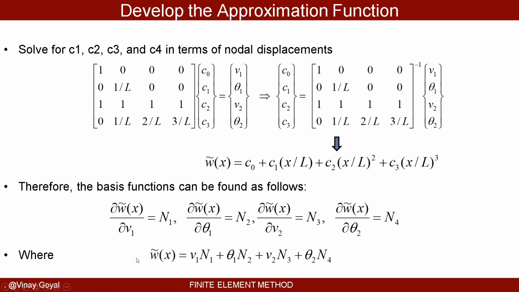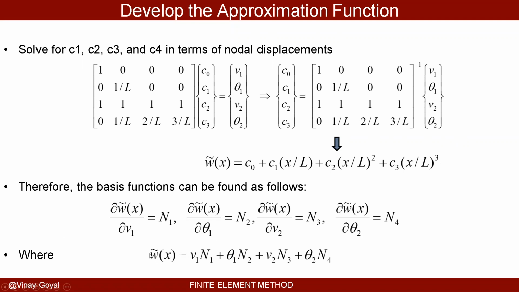And the idea here is I get W tilde as a function of x is V1 N1 plus theta 1 N2 plus V2 N3 plus theta 2 N4. I can get N1, N2, N3, N4 by following this procedure in Mathematica. It's a very powerful idea. It simplifies the way of how to do it by hand.